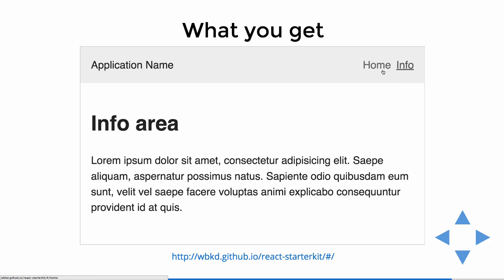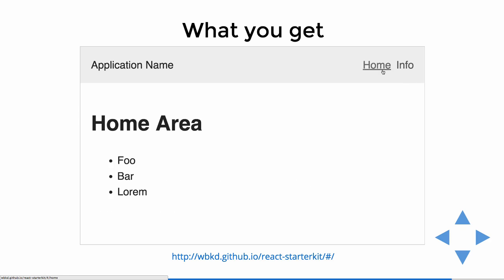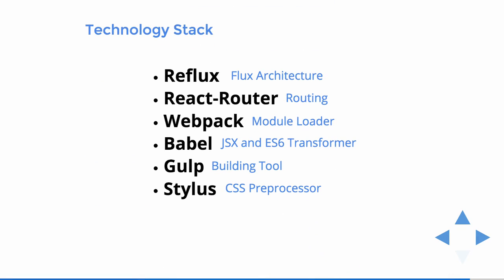You have routing, and you have a fake API call, and you have all the webpack stuff. We didn't want to include any fancy UI stuff. It's just very basic, so you don't have to read a lot of stuff before you can get started. It just gives you the structure.